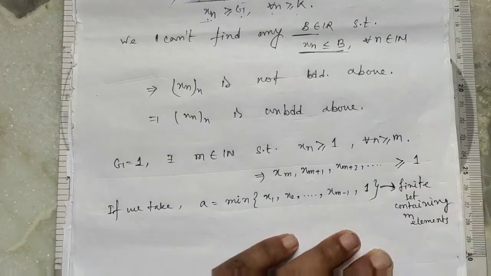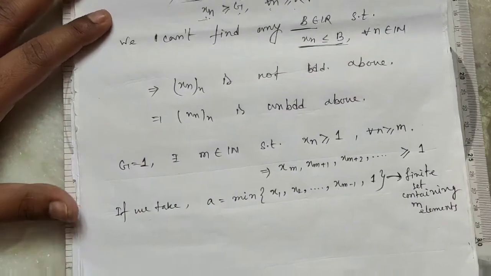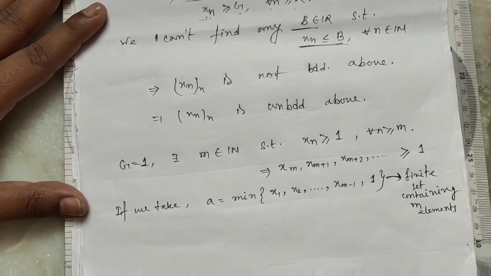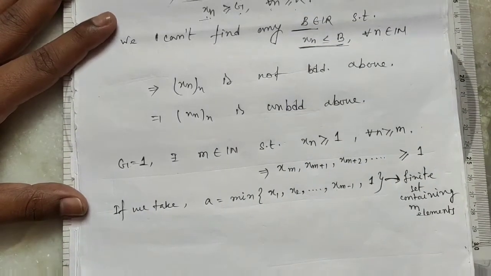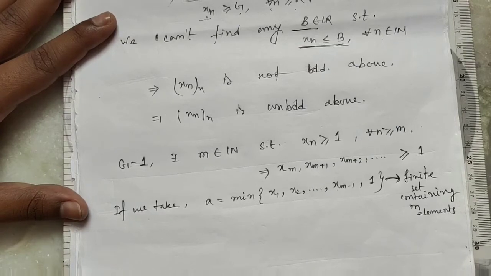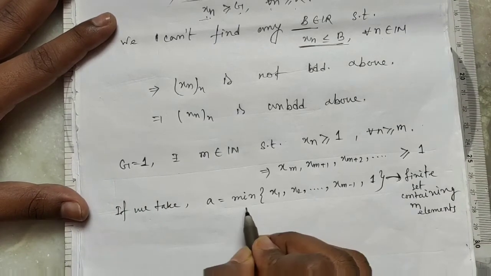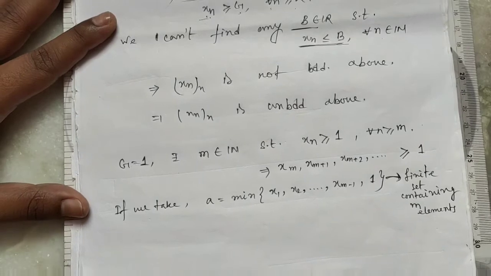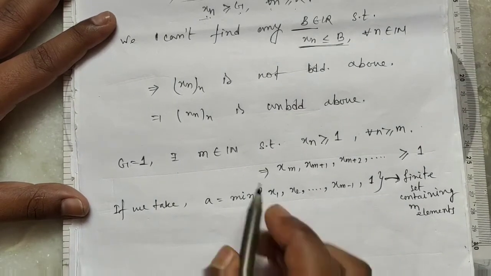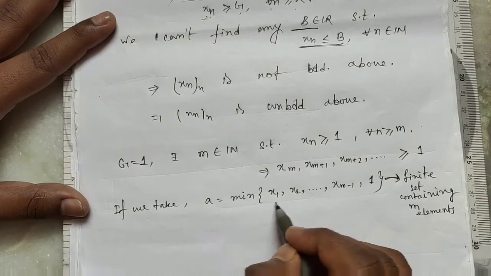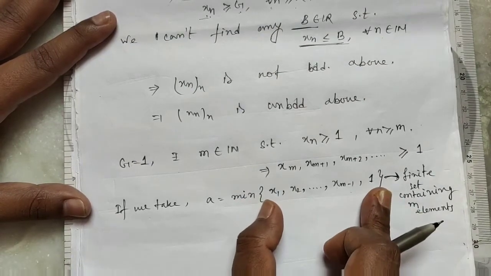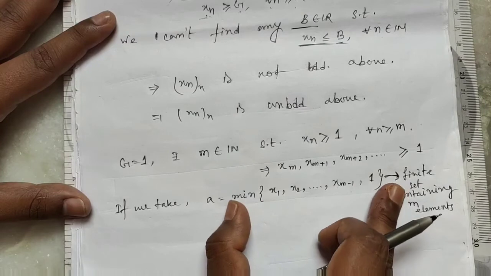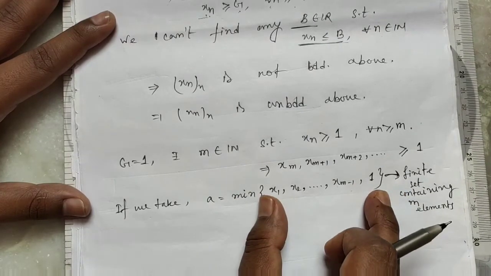Every finite set has a maximum and also has a minimum, so the minimum exists as this set is finite.